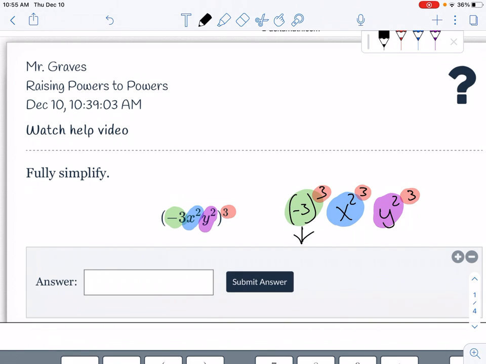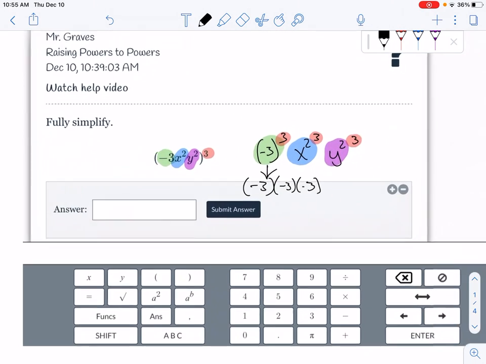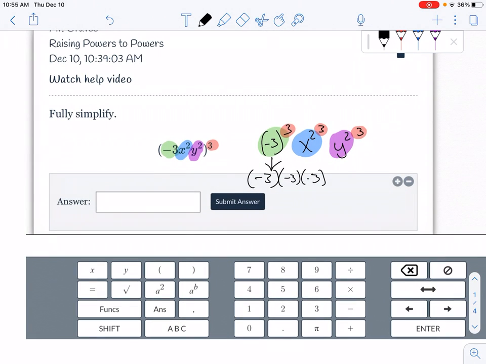So this means 3 sets of negative 3. So negative 3 times itself 3 times. I'll expand it out so you can see it. In Delta Math, you can just use the calculator, and you can do parenthesis negative 3 parenthesis raised to the third power.